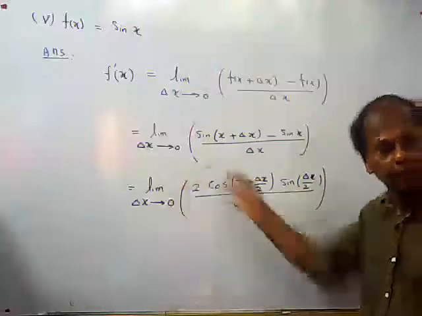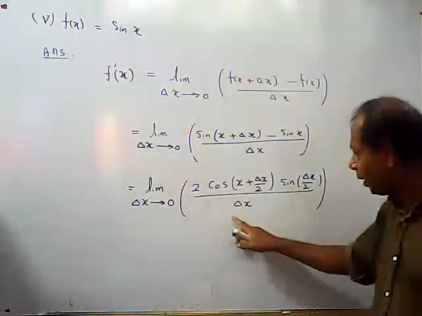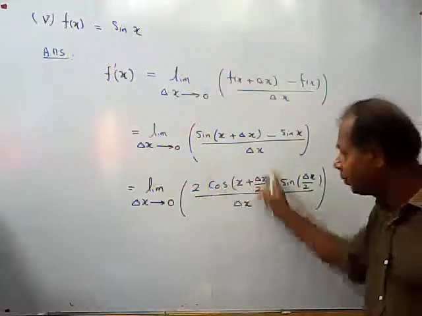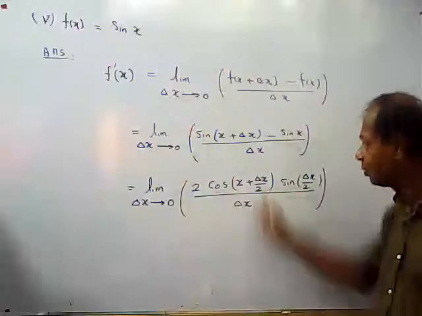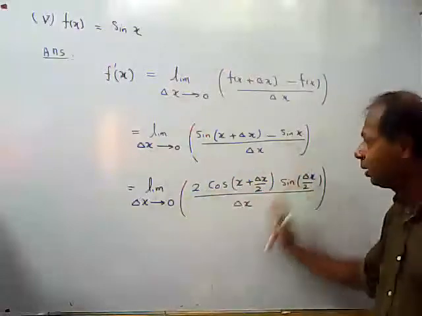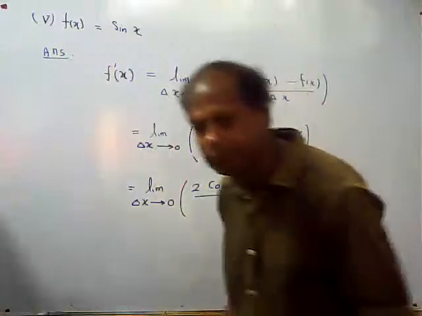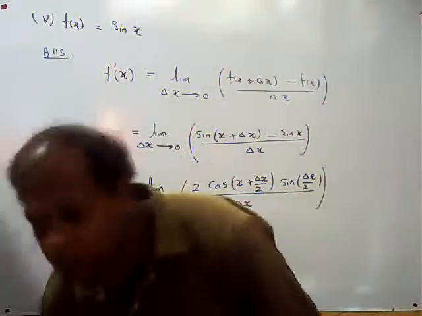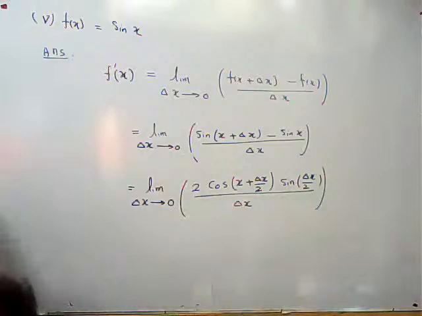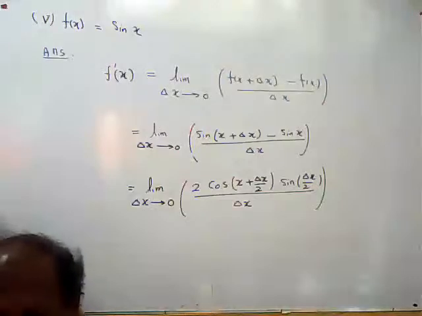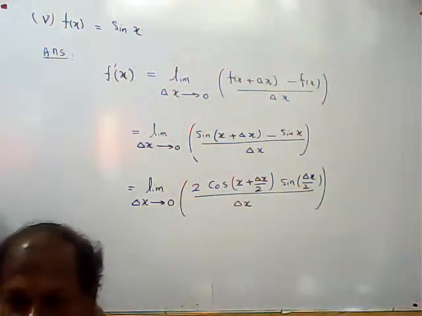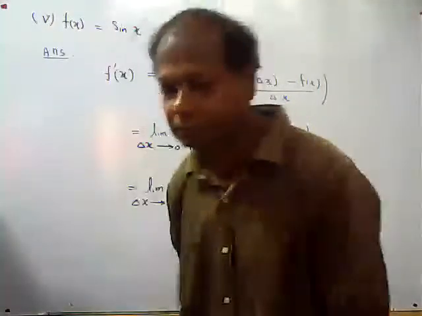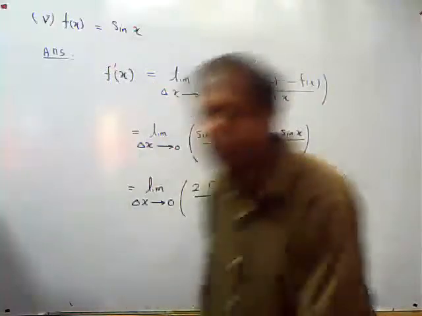You can use this 2 as delta x over 2. And then this part will remain, cos of x plus delta x over 2. I'll take this cos term separately, and the sine part again separately.